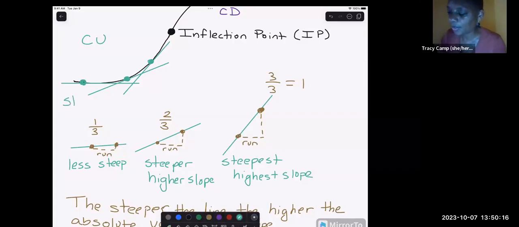So going back to the graph, to the left of the inflection point, where the graph is concave up, the slopes of the tangent lines are increasing.